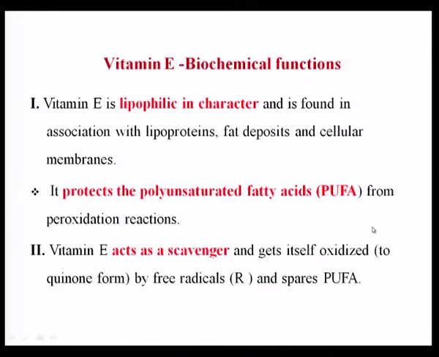Now you look at over here, we saw in the last session, vitamin E is lipophilic in nature. We saw how vitamin E plays a role in preventing oxidation of many essential compounds. You always see vitamin E taken along with vitamin C, or in other words, other antioxidant category of compounds.